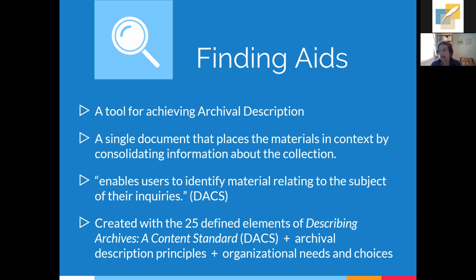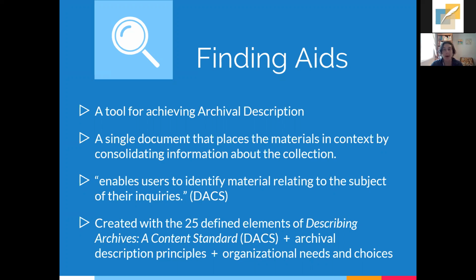A finding aid can also be created using a combination of things, but first, it uses these 25 defined elements that make up DACS, Describing Archives: A Content Standard. And so we'll talk about some of those, the required elements, in a little bit.